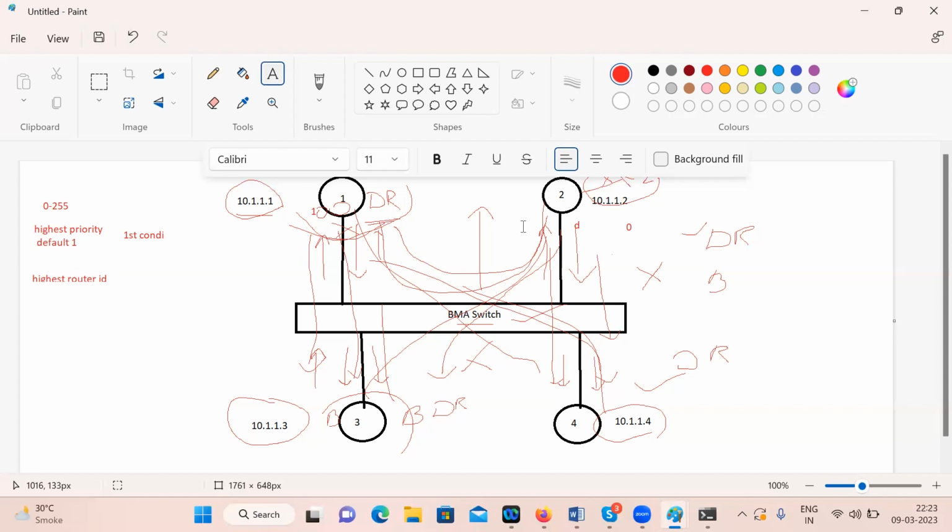Any doubt till now in OSPF LSA types, DR and BDR? Hello. My question is, suppose I have the DR router and I configure that router to redistribute other routes.